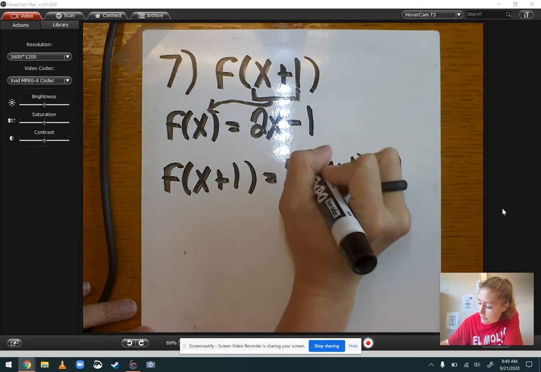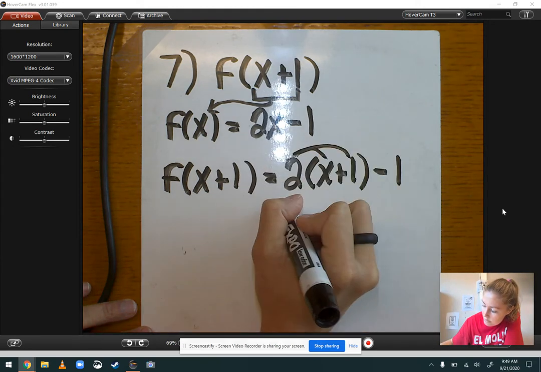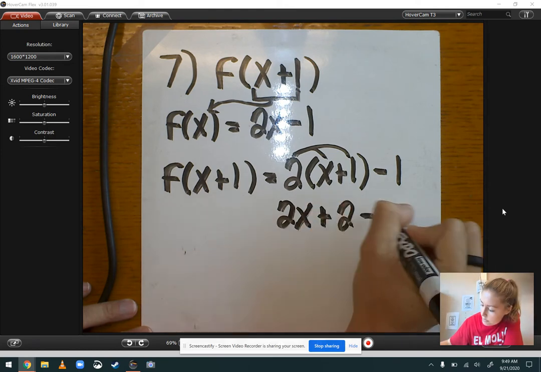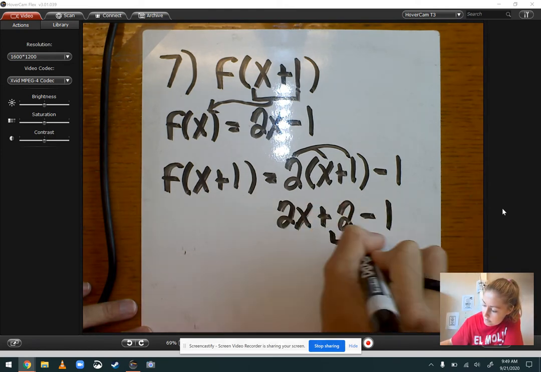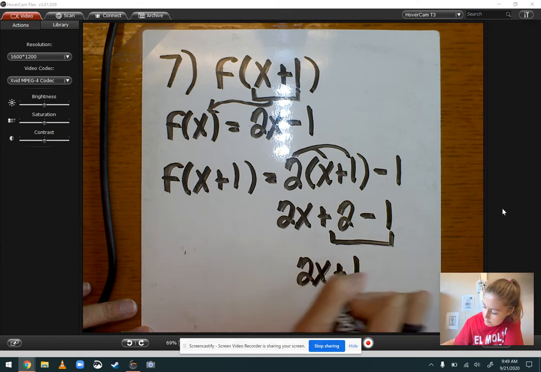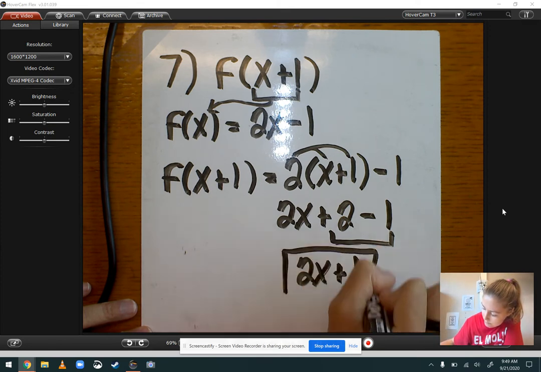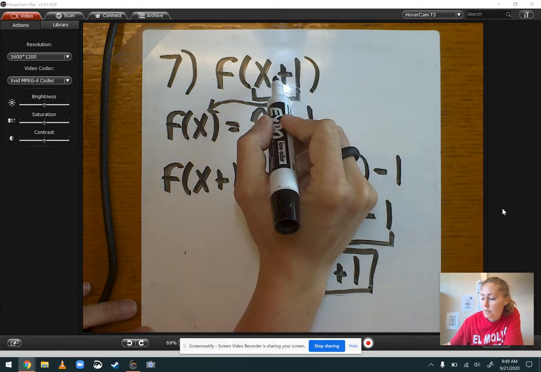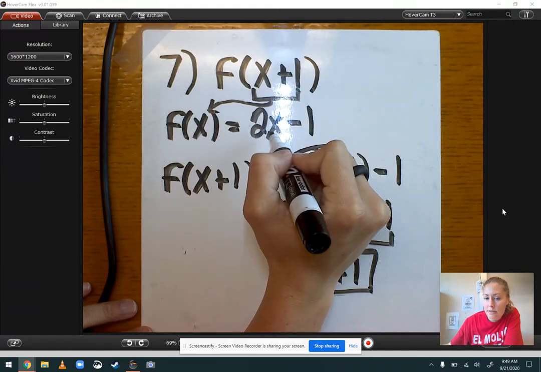Then we simplify, distribute our 2, and we get 2x plus 2 minus 1. Combine our like terms, so we get 2x plus 1. So we took the x plus 1 and replaced the x of f of x.